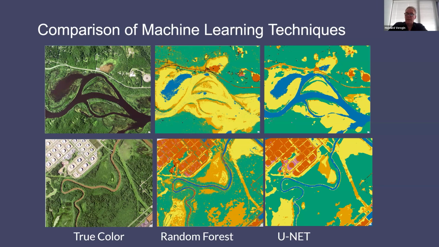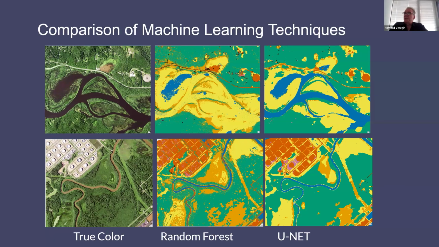In terms of evaluating whether random forest or UNet was better, it was a qualitative as well as a quantitative assessment. The random forest method had a lot more, if you will, salt and pepper, a lot more high frequency spatial variation. You can see that in the two images in the center, whereas UNet appeared to be a whole lot smoother, maybe overgeneralized some classes a little bit more.